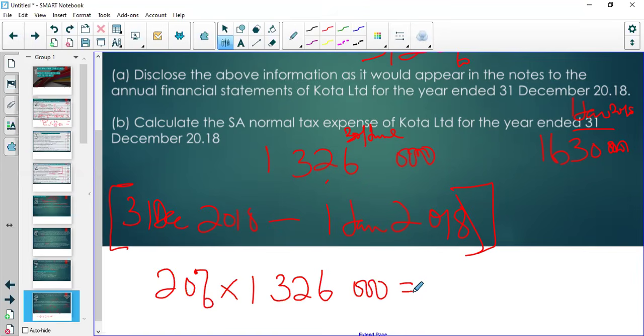So 20% multiplied by 1,326, and every year it's 265,200. This is the annual depreciation.